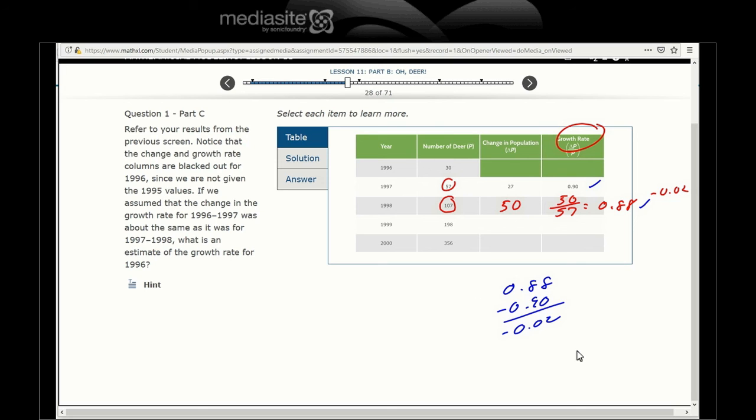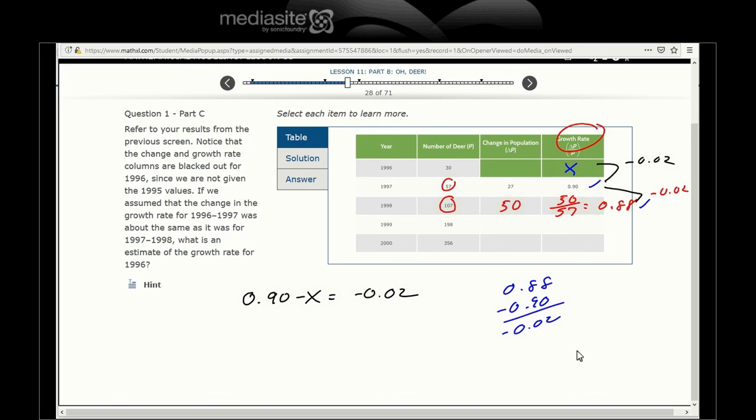So I would expect, make this value x, I would expect 0.90 minus x to be minus 0.02, because that was minus 0.02 before, I would expect this to be minus 0.02 also.